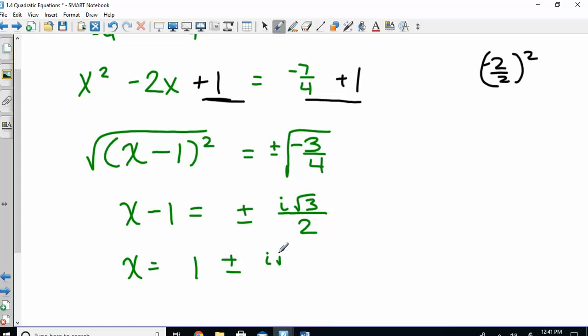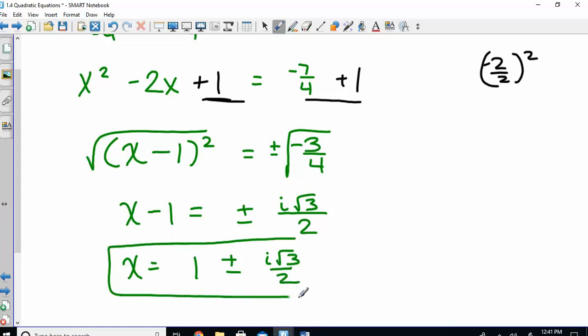You get 1 plus and minus i radical 3 over 2. Questions on that at all?